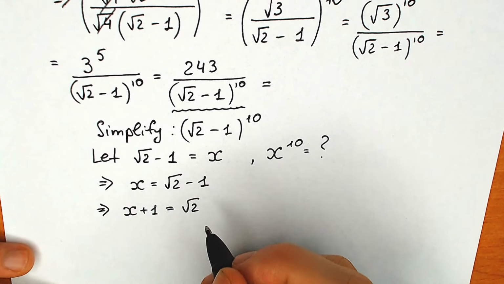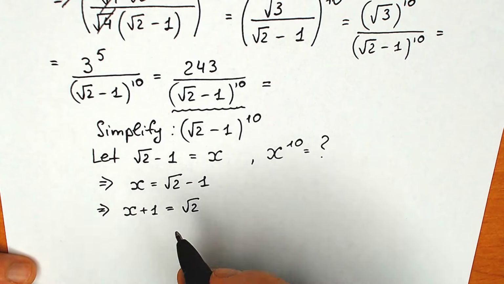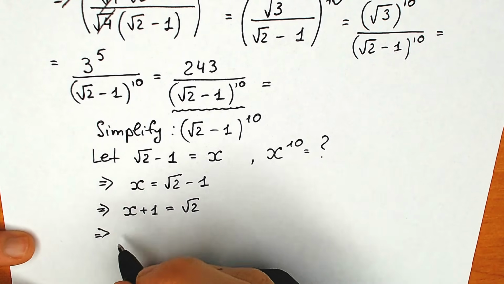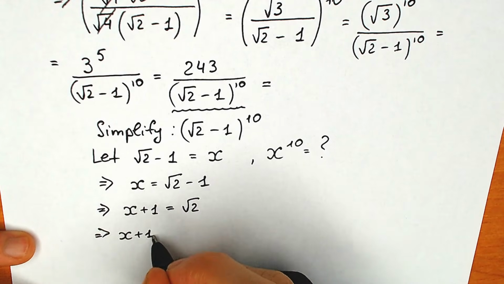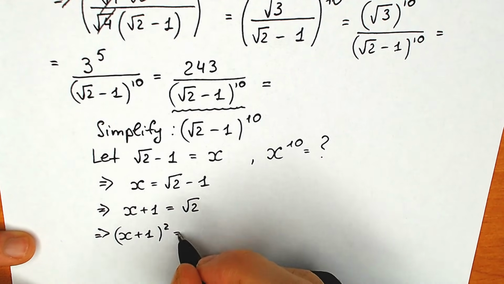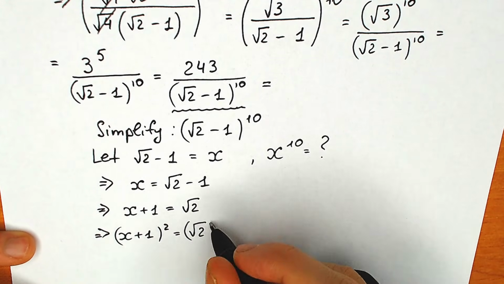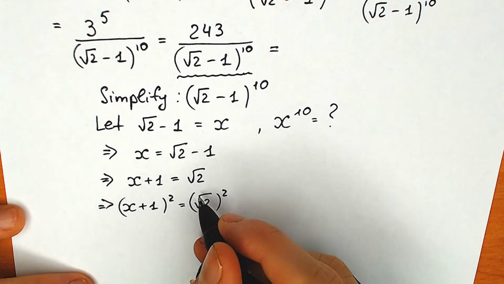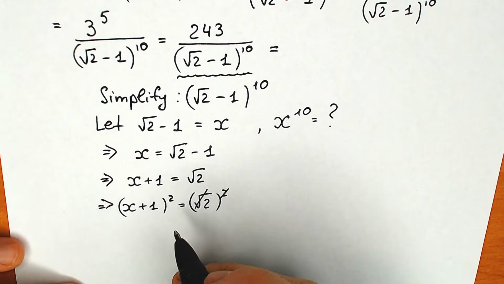Right now, let's raise both sides to the power 2. So we have x plus 1 raised to the power 2, and we raise square root of 2 to the power 2. On the right side, we can cancel the square root sign and this 2 because this is equal to 2.